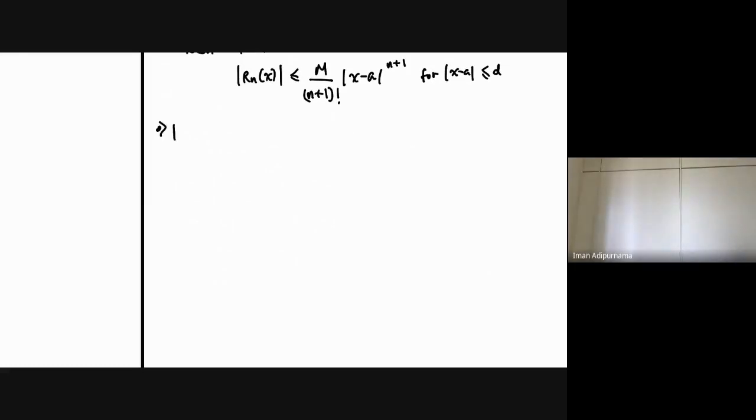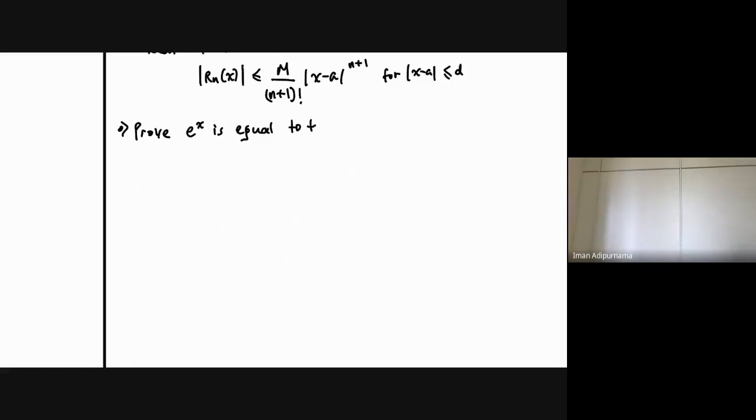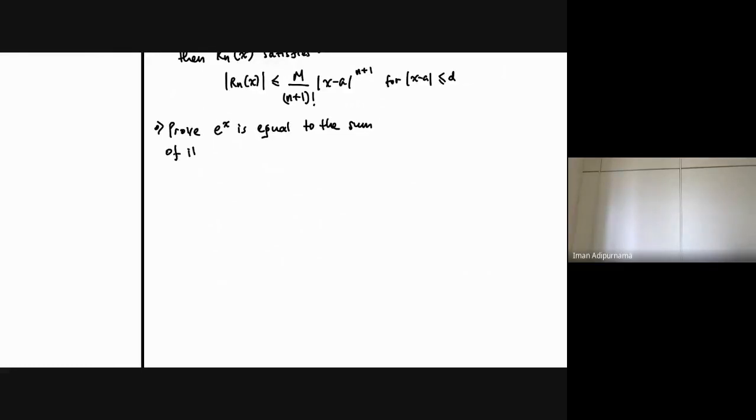Let me write the proof. e to the x is equal to the sum of its Maclaurin series. We have done that e to the x is the sum of x to the power of n divided by n factorial.